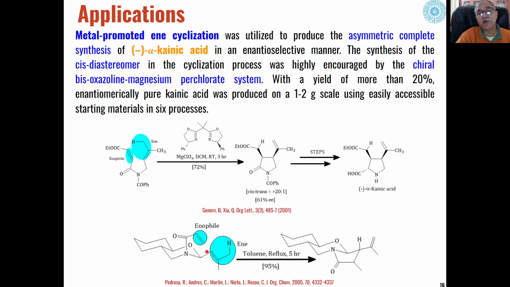Similarly, another example of intramolecular reaction is this, where this part of the molecule is acting as alkene and this is the allylic part. They will form a 6-member transition state using toluene as the solvent, and cyclization will take place to give us these types of amides as the product.